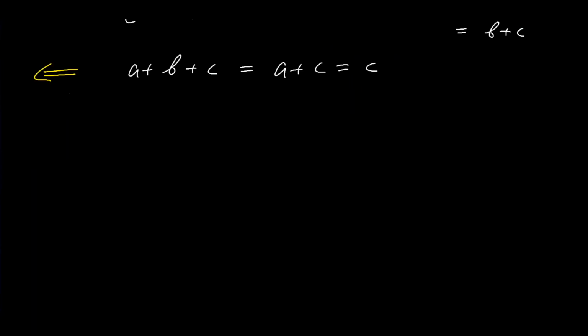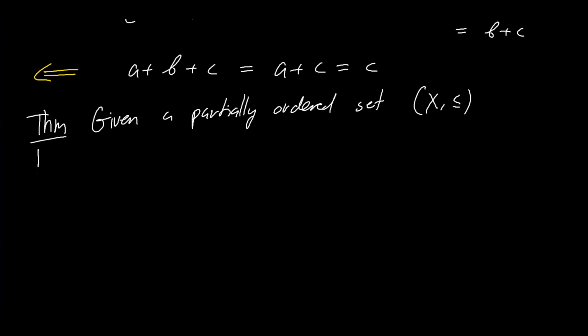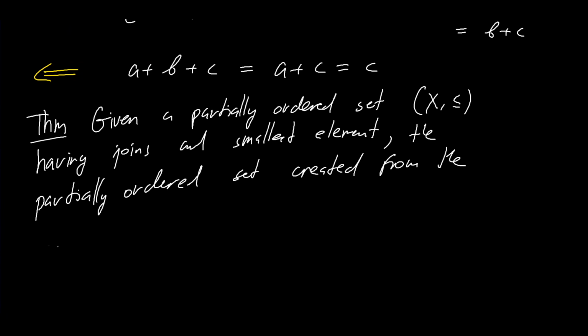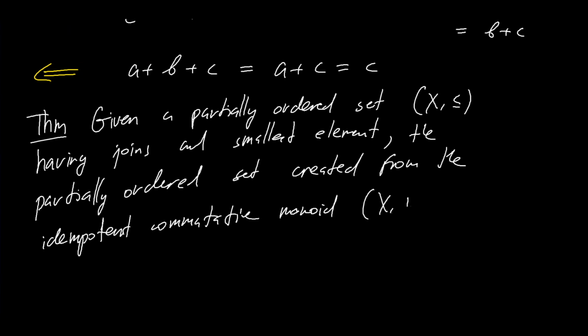And there is a reverse theorem which says that given a partially ordered set having joins and a smallest element, the partially ordered set created from the idempotent commutative monoid X join 0.